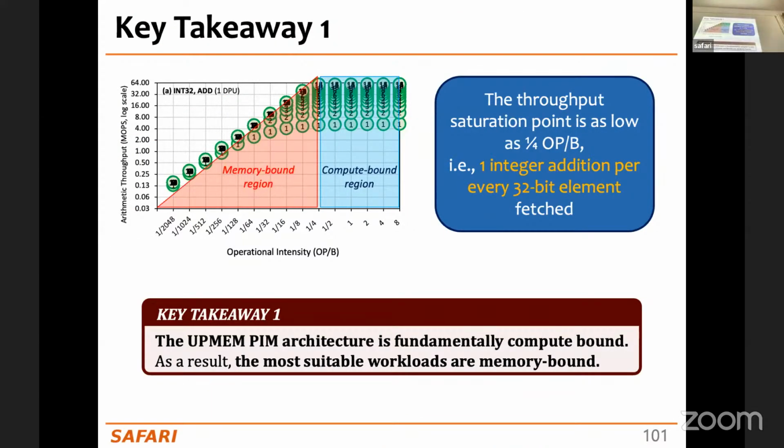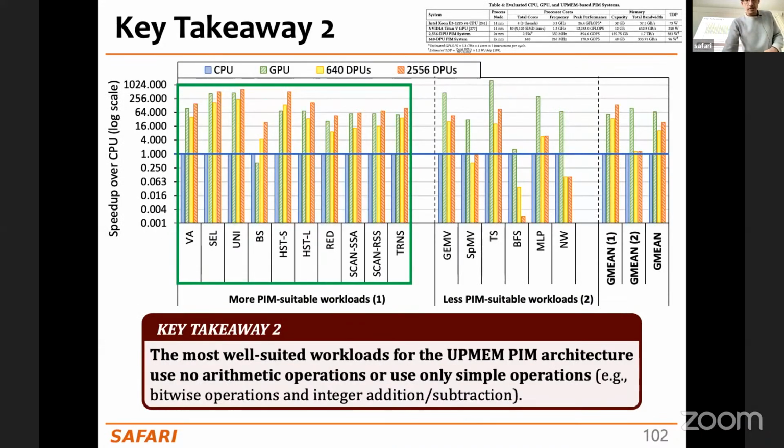First of all, something that I just told you: this processing-in-memory architecture is basically a compute-bound architecture, because very quickly the workloads are going to fall into this compute-bound region. Most typical real-world workloads are going to be in this area where the performance is basically determined by how fast the pipeline is in processing arithmetic instructions. This is the first key takeaway.